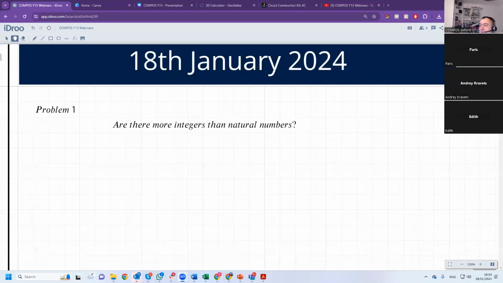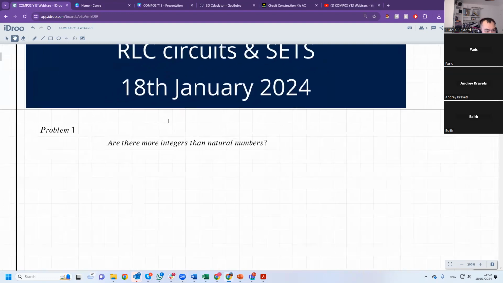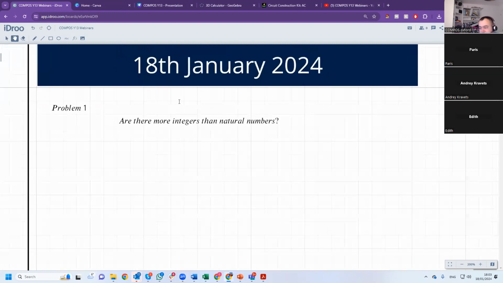I'm going to talk about cardinality a little bit, and I'm going to share my screen. So, are there more integers than natural numbers? That's a question. Well, some of you already know.